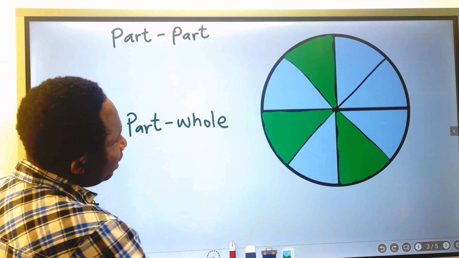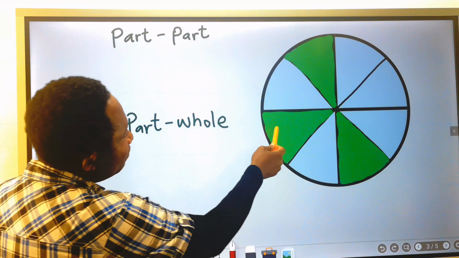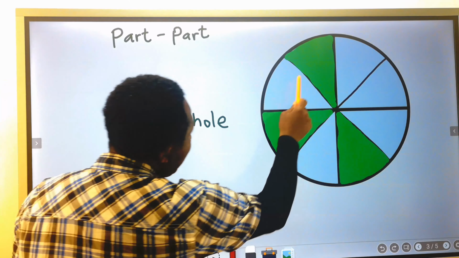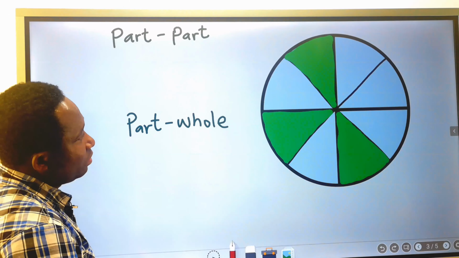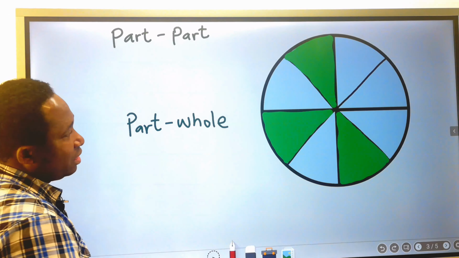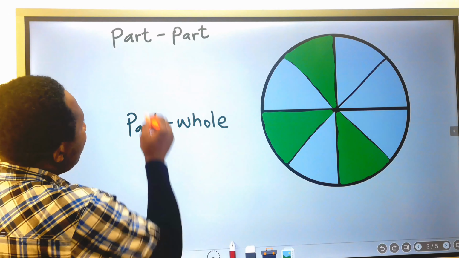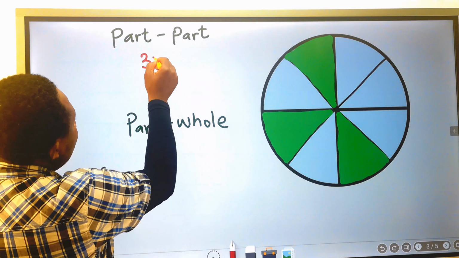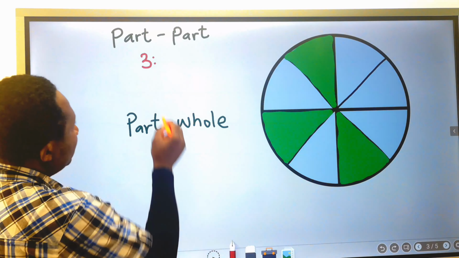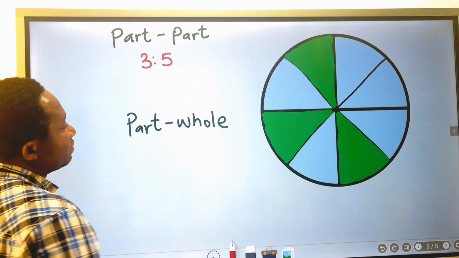Next, in this example, we have 3 shaded portions among 8 parts. If we're going to consider the shaded portion first, then we're going to have 3:, the remaining portion not shaded is 5.